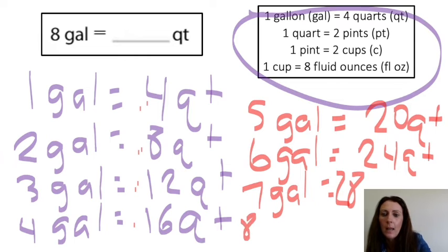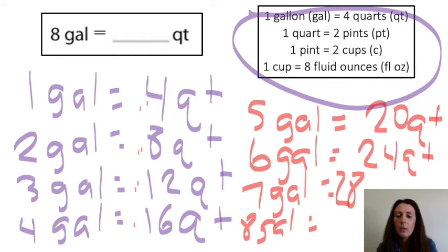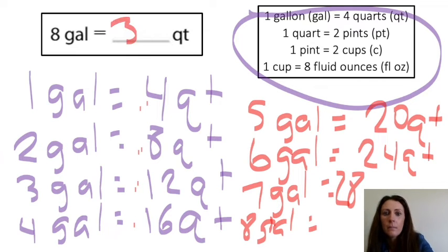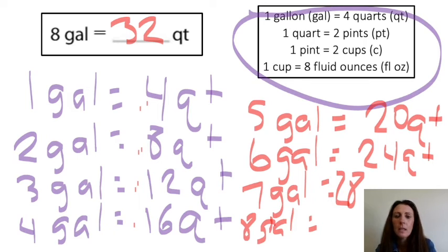So therefore 8 gallons, if I'm skip counting, would equal, that's right, 32. So that's another way to see it if you're having difficulty multiplying it out. Here's a way that you can see it where you're skip counting, which might help you a little bit better.